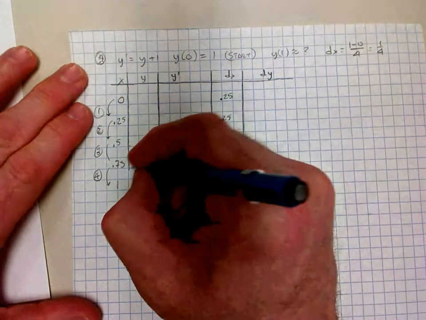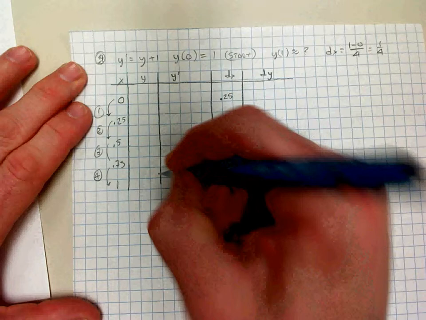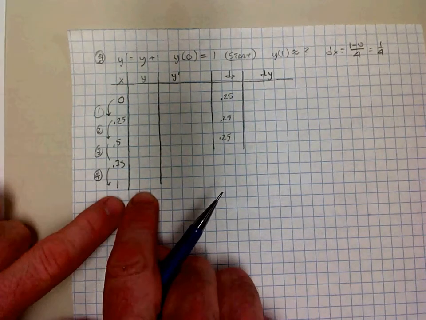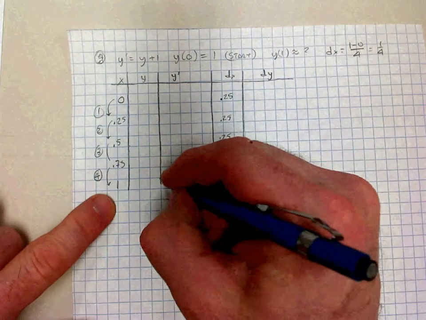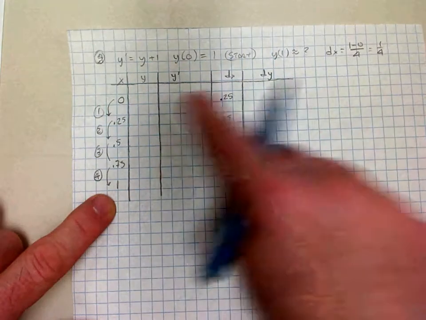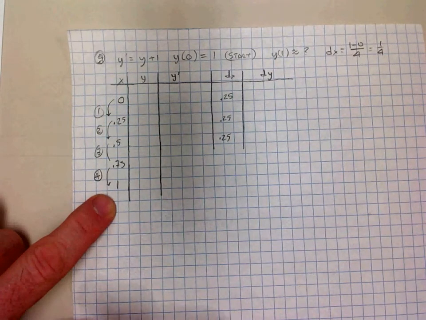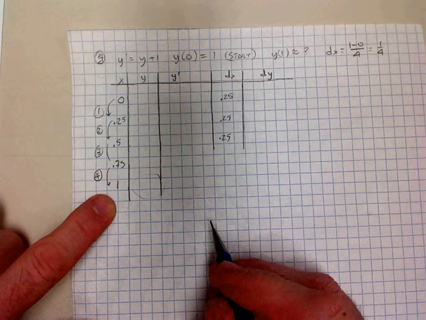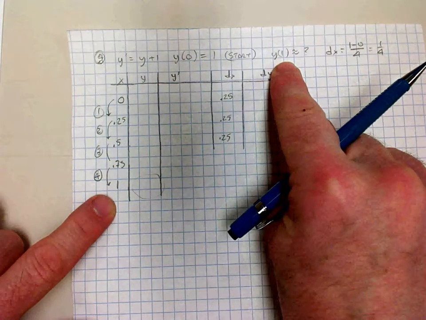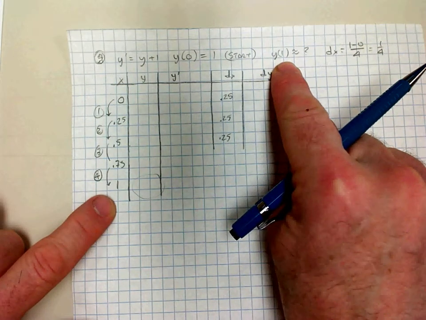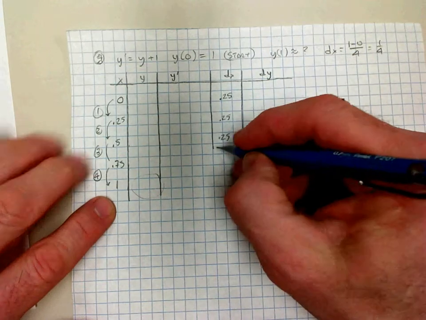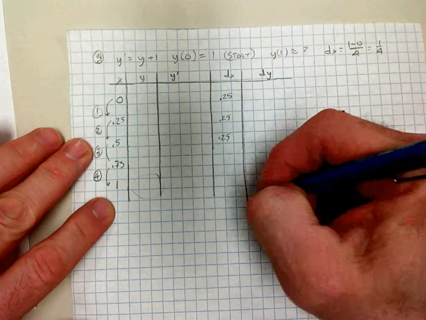When we get this y value here, that's where we can stop. And this y value, as we do all those calculations we did before, is the y value that will estimate y using Euler's method when x equals 1. Okay? So let's go ahead and calculate some values.